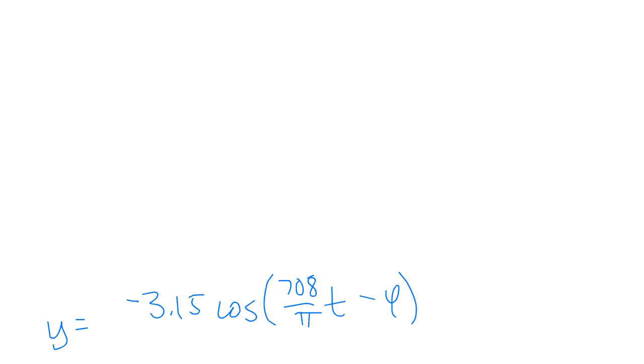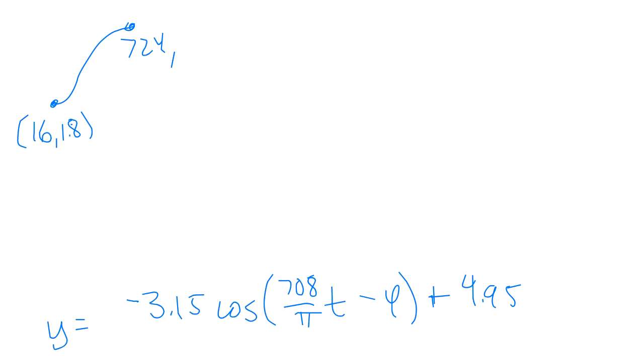We know that y is negative 3.15 times the cosine of 708 over pi times t. We still haven't determined our shift phi, plus 4.95. And the points that we were given were this minimum and this maximum at 16, 1.8 and 724, 8.1.